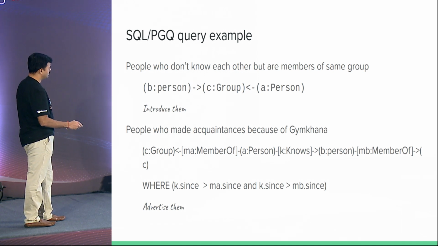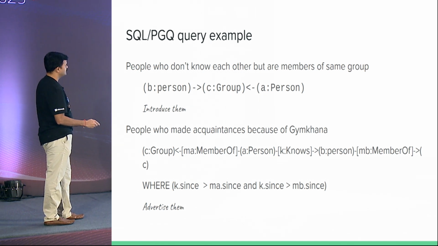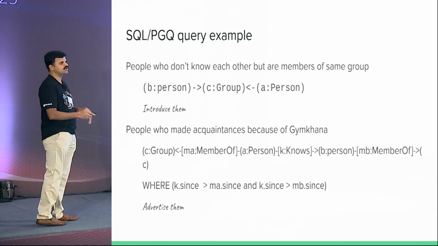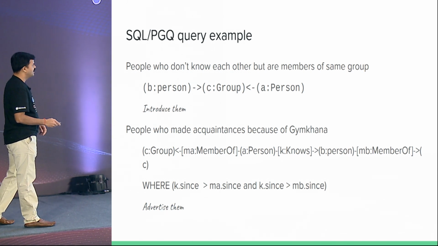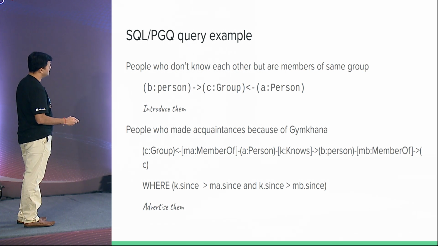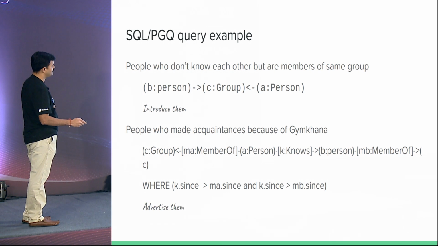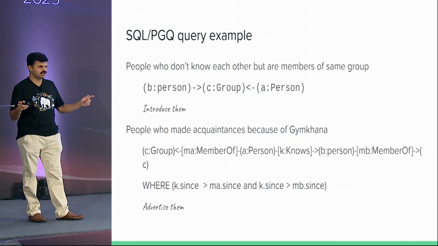Additionally, we add a where clause here, which says that they should know each other only after they have joined the group, which is indicated by C. So now imagine this is 1, 2, 3, 4, 5, 6, 7, 8. An 8-way join.